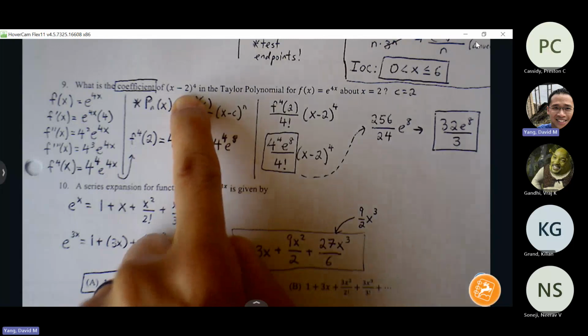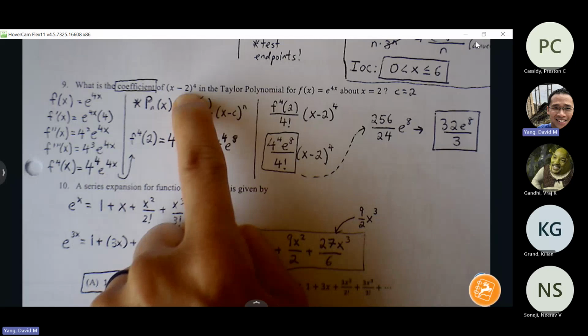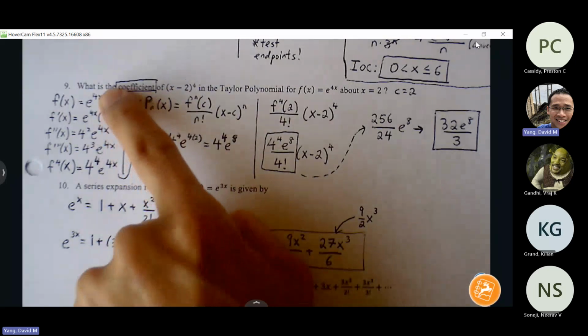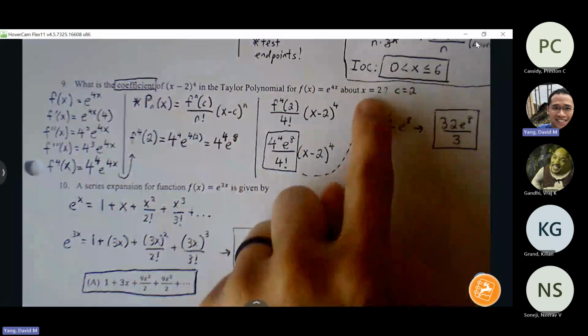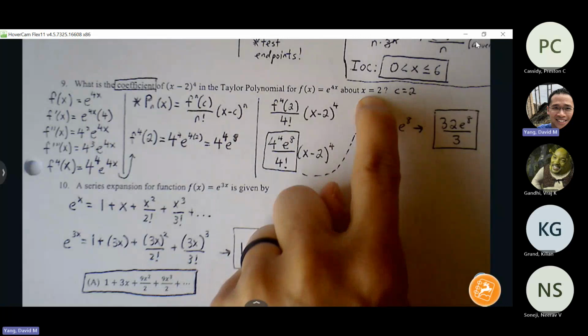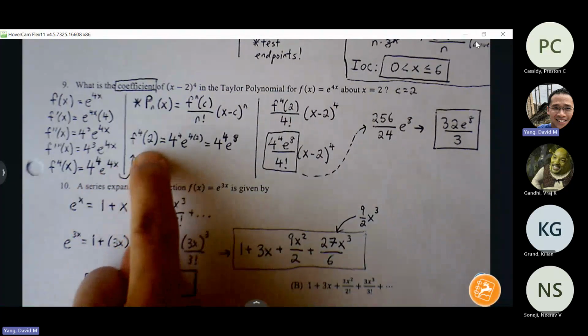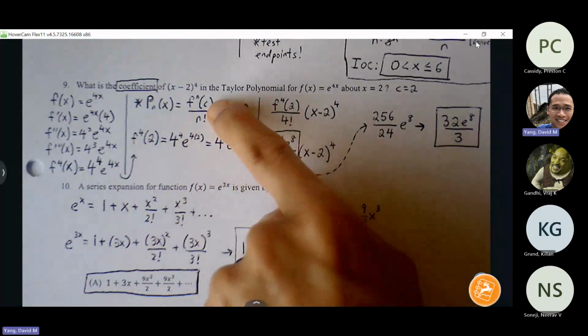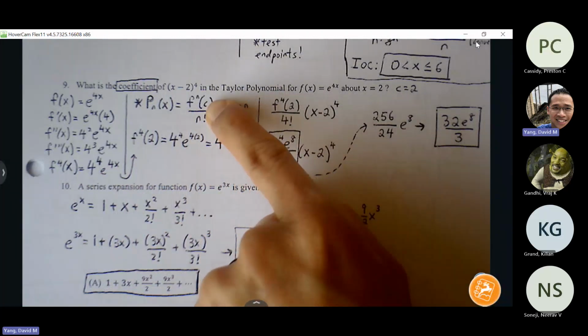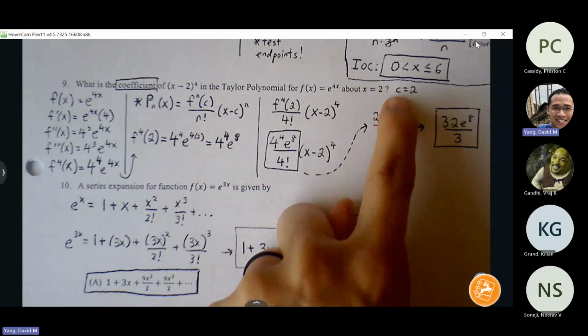Yeah, centered at x equals 2, which means that the derivative may get thrown off with that 2. We have to plug in 2 into the fourth derivative to get that c cleaned up. We want to find the fourth derivative evaluated at the center, at 2.